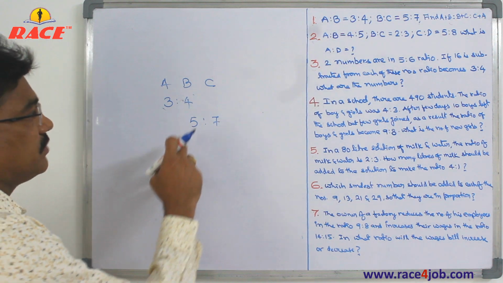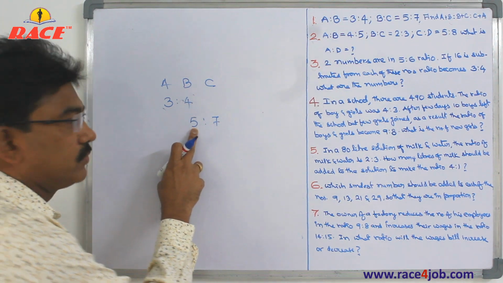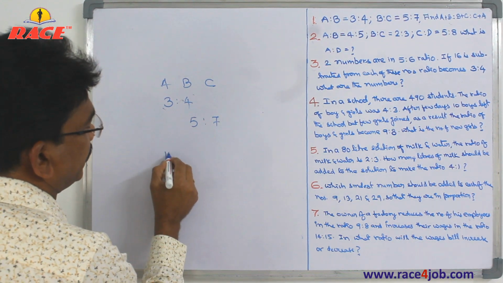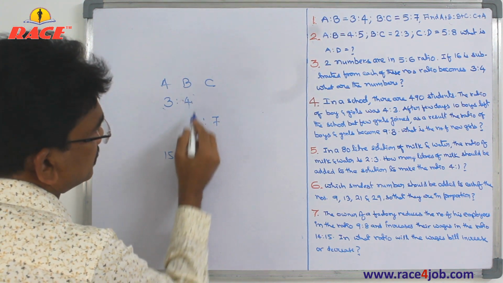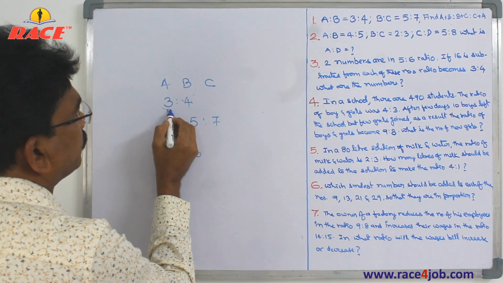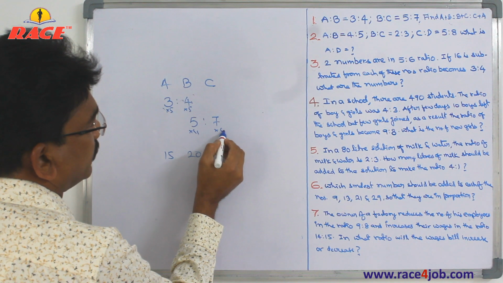So to make them the same, let us multiply this one by 5 and this one by 4. If you multiply by 5, what happens? 3 into 5, 15. 4 into 5, that gives 20.